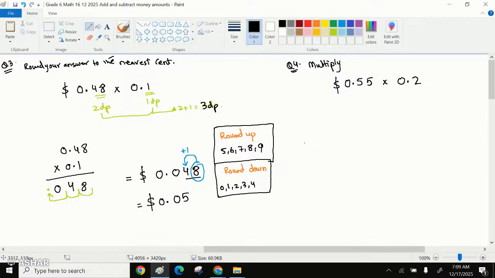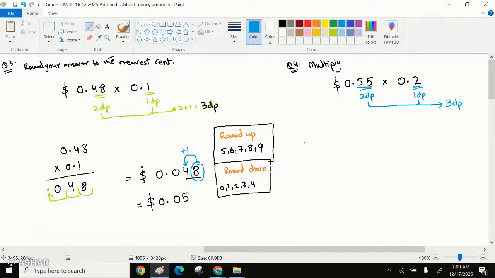We need to multiply them together, right? So the first thing we need to do is, let's count the decimal places. There were 2 decimal places. There was 1 decimal place. The total number of decimal places would be 3 decimal places, right?